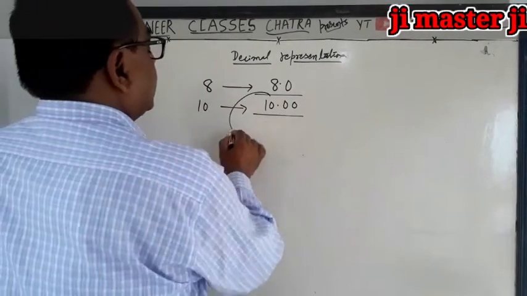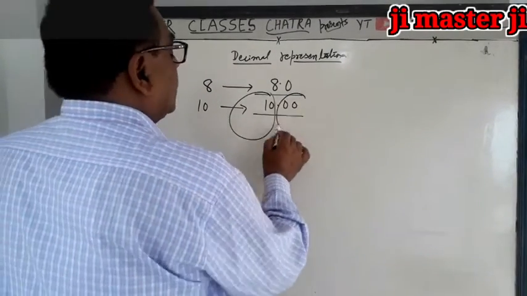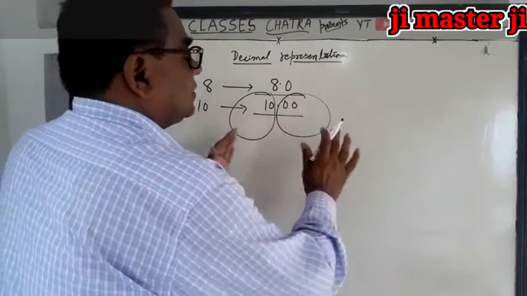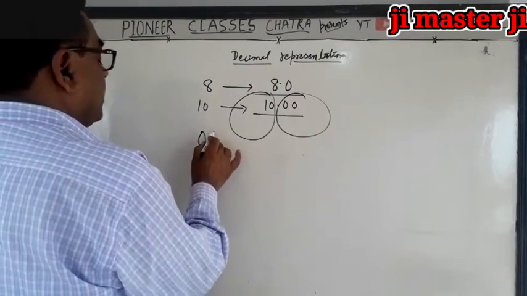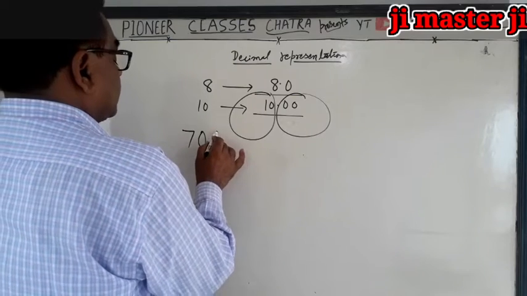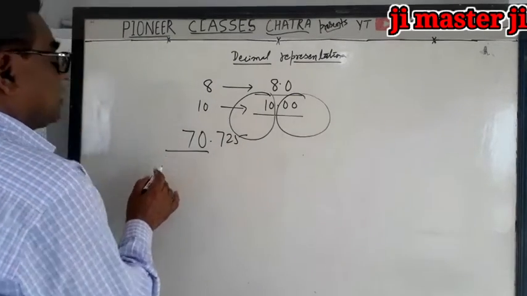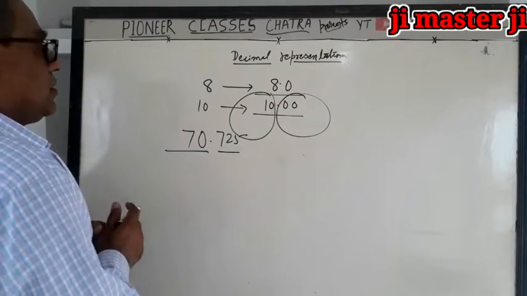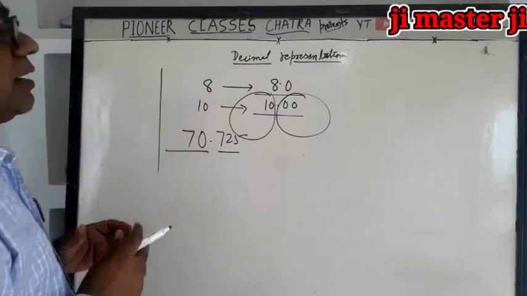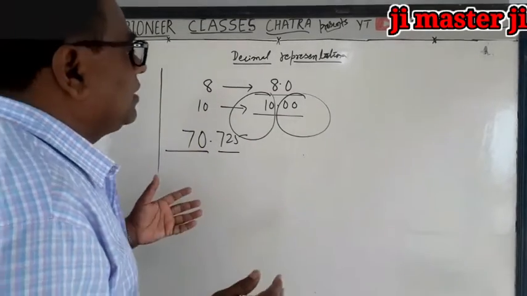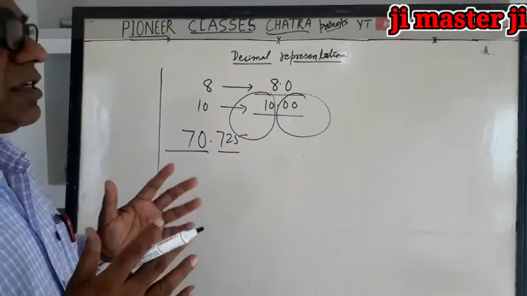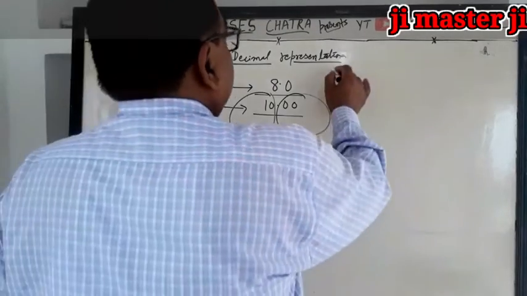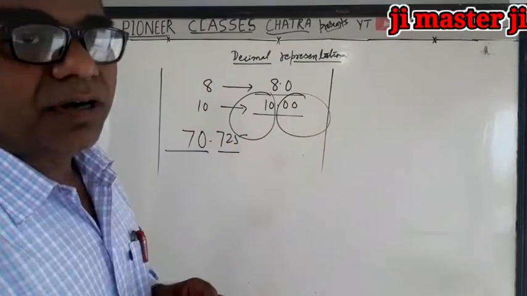The one part is the integral part and the other is called the decimal part. This is the integral part, this is the decimal part. In 70.725, this 70 is the integral part and this is the decimal part. So any number can be represented like this simply.